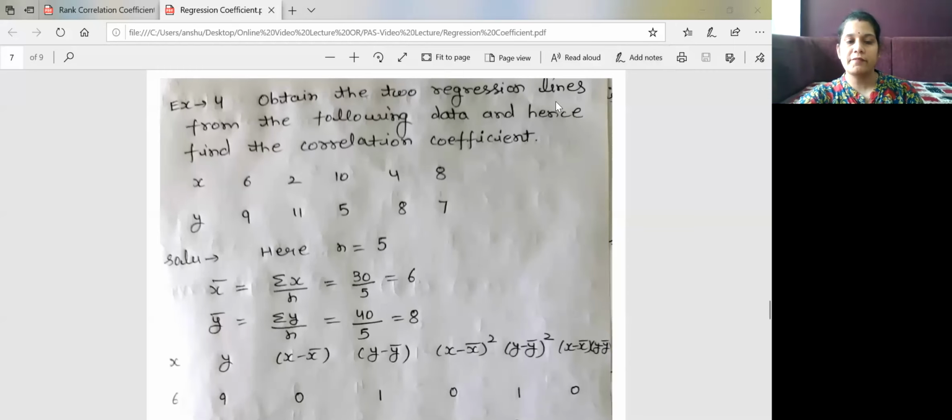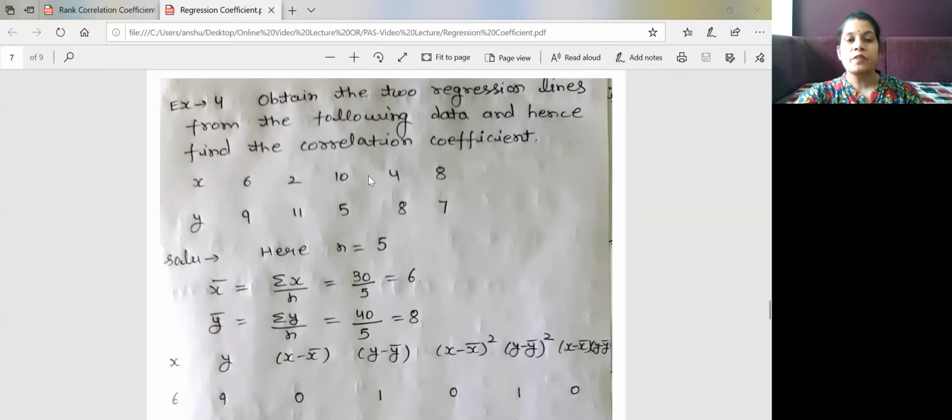Hello, good morning, everyone. In our previous session, we have already seen what the correlation coefficient is and what the regression line of y on x and x on y is. So this example is: obtain the two regression lines from the following data and hence find the correlation coefficient.